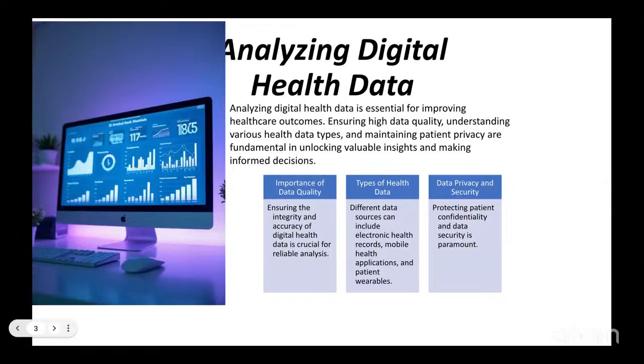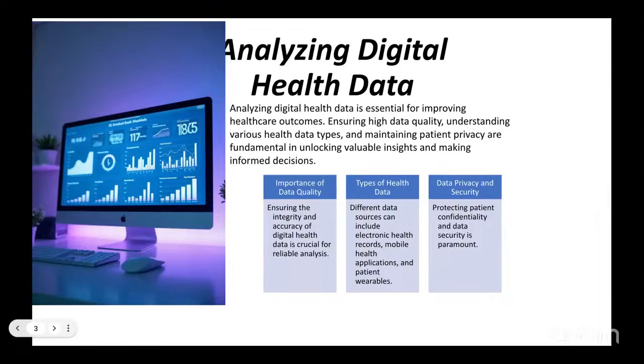So we need to appreciate that it's very important that even before you reach the analysis, the data itself must be of quality. And if the data is to be of quality, that implies we look at several dimensions, such as: is the data accurate? Is the data complete? Is the data reliable? Is the data timely?